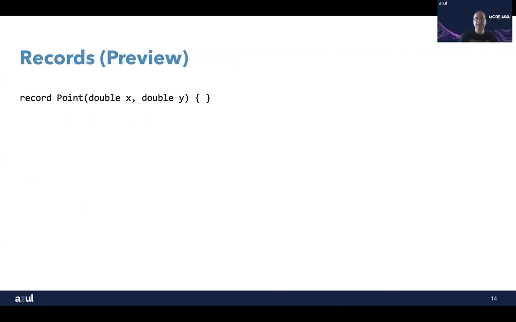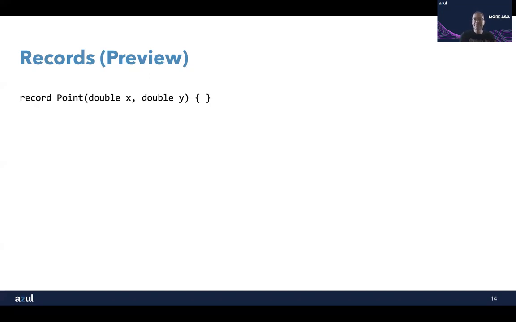called records. Records are essentially data classes for Java in a way that makes it much simpler for us to specify them without all of that boilerplate code we saw on the previous slide.